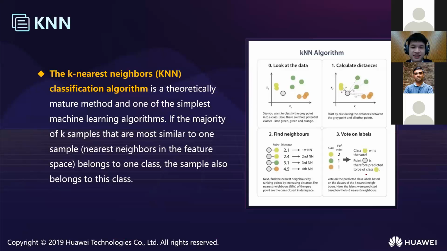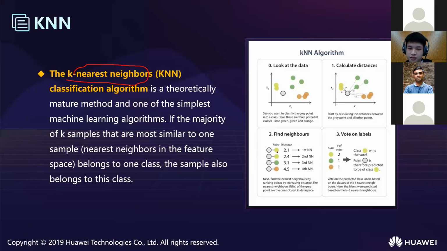Yeah, and the next one I want to introduce is k-nearest neighbors. It's very easy to understand. There's a new data point, the white circle, and we need to find the k nearest neighbors of the new data. We need to set the k value. For example, today we set k to 4, and we get the 4 nearest neighbors.